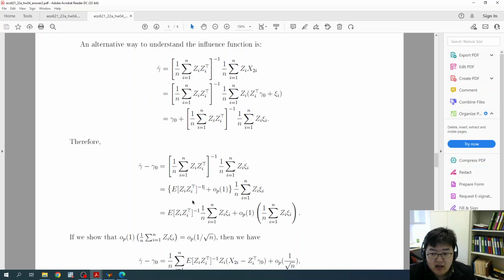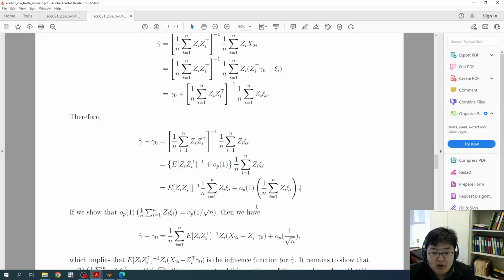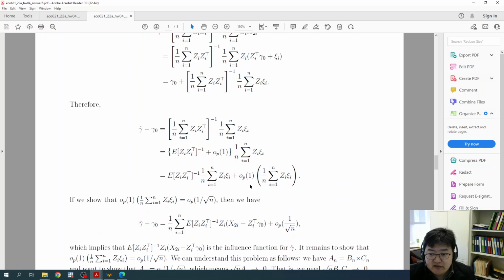And then as a result, you can use it as a usual term. So you have this times this and this times this. And this is what we want usually. And we know this will converge to 0. What we want to show here is that this converges to 0 fast enough.